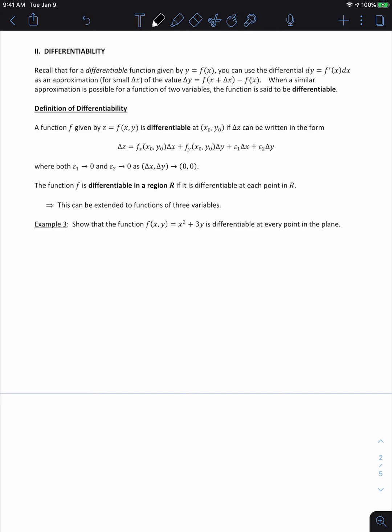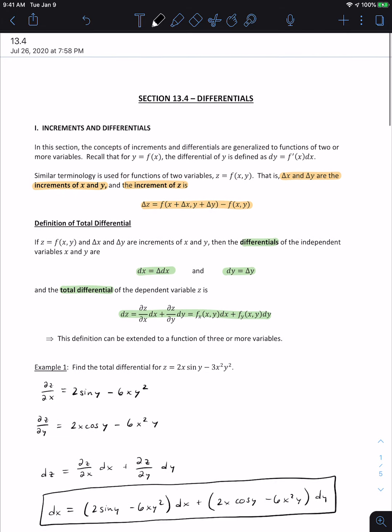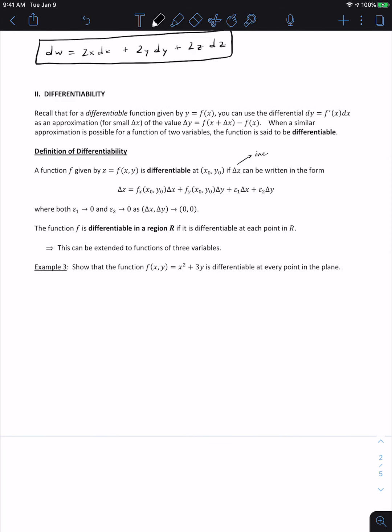So here, the definition of differentiability: a function f given by z equals f of x, y is differentiable at this specific point if delta z, remember, is not my differential, but my increment of z, can be written in the form: the partial derivative with respect to x at that point times delta x, plus the partial derivative with respect to y at that point times delta y, plus some epsilon 1 delta x plus some epsilon 2 delta y, where both epsilon 1 and epsilon 2 approach 0 as delta x, delta y approaches 0, 0.